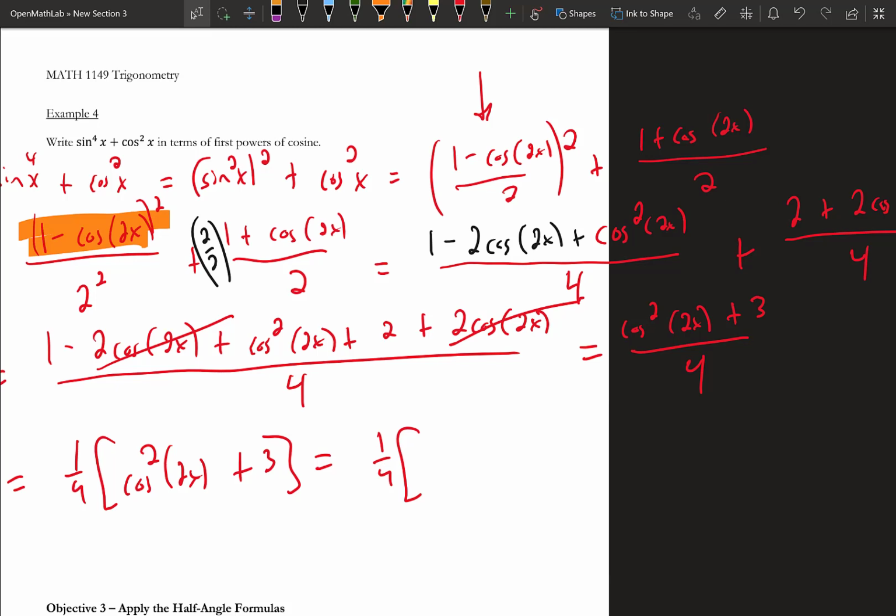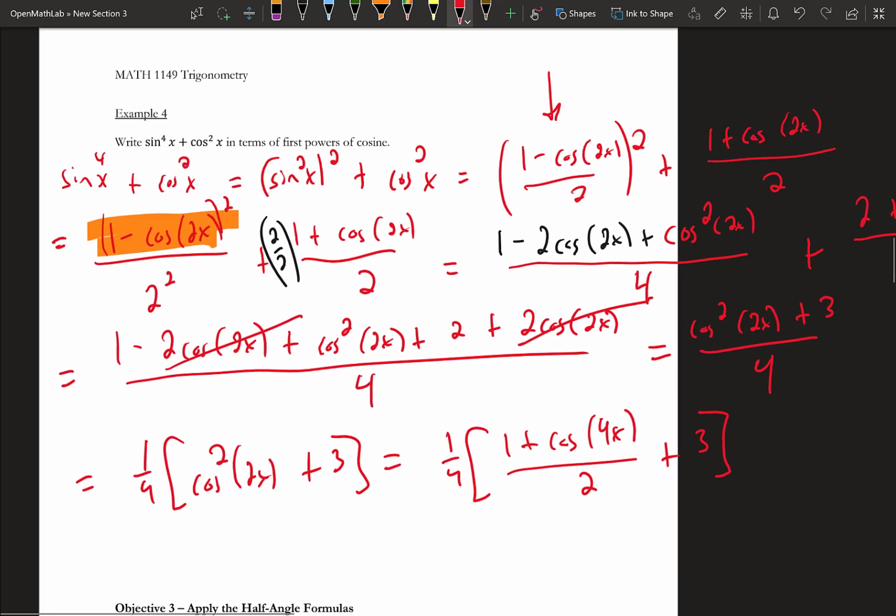So then we can plug in the power reducing formula for cosine squared, and we get 1 plus cosine of 4x, because it'd be 2 times 2x, all over 2, plus 3. So then this would be equal to 1/4 times, and we could split this apart if you'd like.